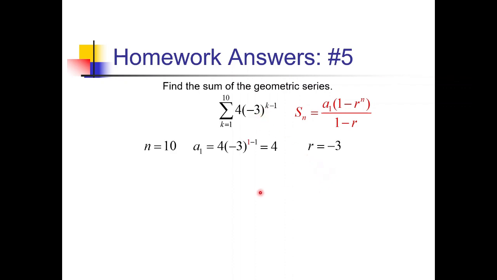All right, well, plugging all that in, we're going to have 4. That's our a1. And then we have 1 minus negative 3 in parentheses raised to the 10th power. And then all of that over 1 minus negative 3, or you can call this 1 plus 3 if you want. So let me just go ahead and plug this into the calculator.